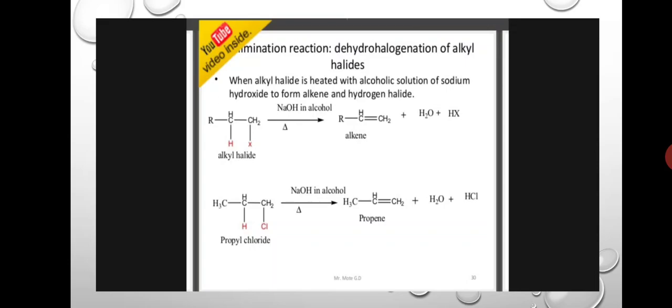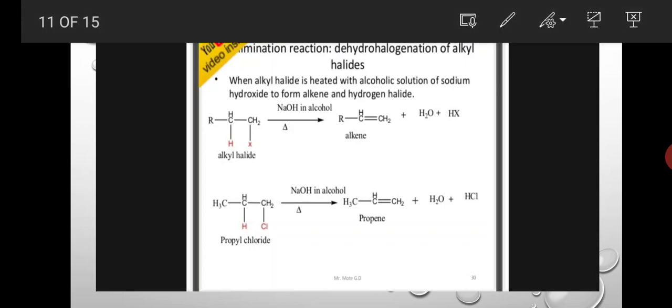When an alkyl halide is heated with alcoholic solution of sodium hydroxide, it forms alkene and hydrogen halide.